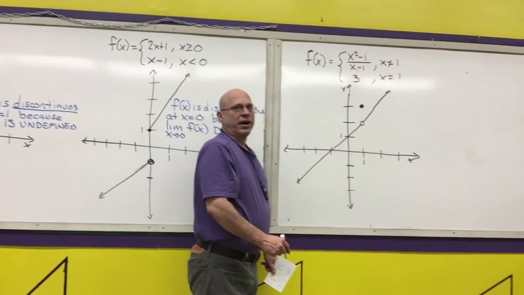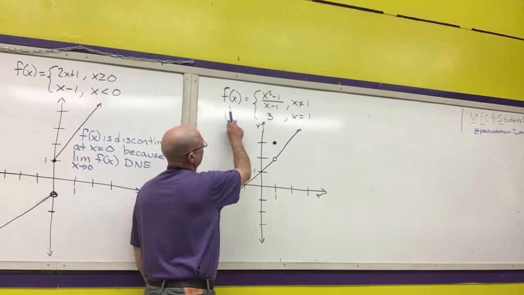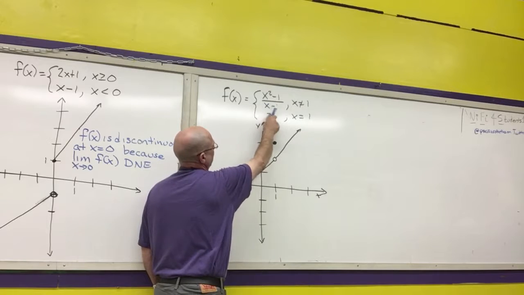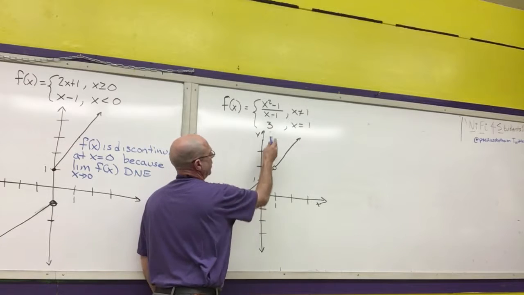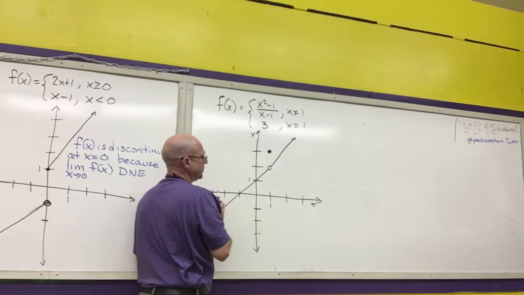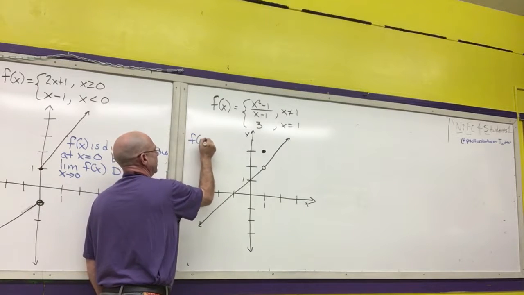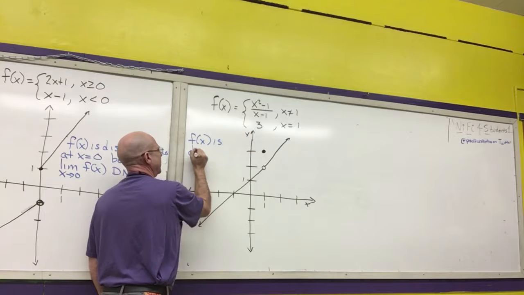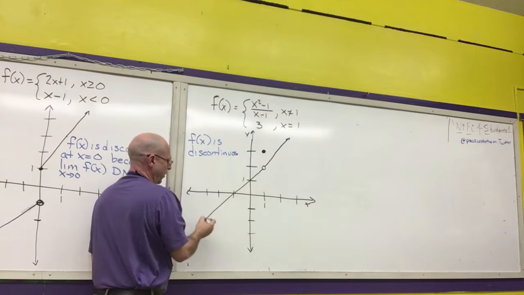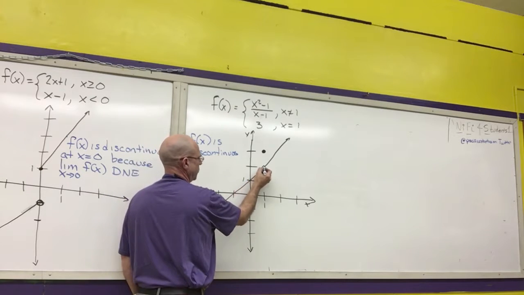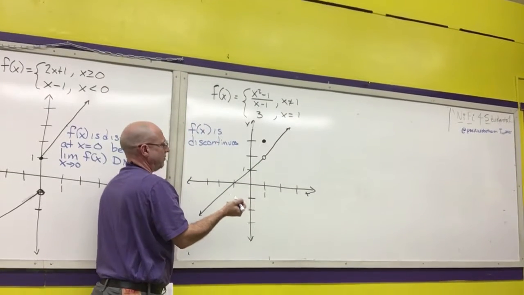The final reason that a graph can be discontinuous is exemplified by this piecewise function. We have x squared minus 1 over x minus 1, which is the portion from the original function I showed you, and when x is 1, this is 3. Again, this graph is discontinuous. Using the informal definition, once I get to 1, I have to jump up there, fill in the dot, come back, and then fill it in, so I have to lift the pencil off the paper.